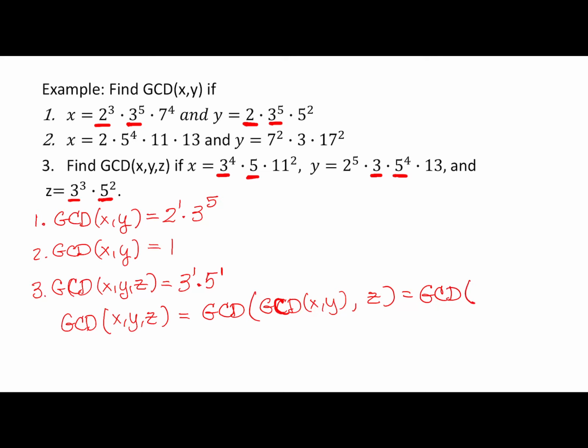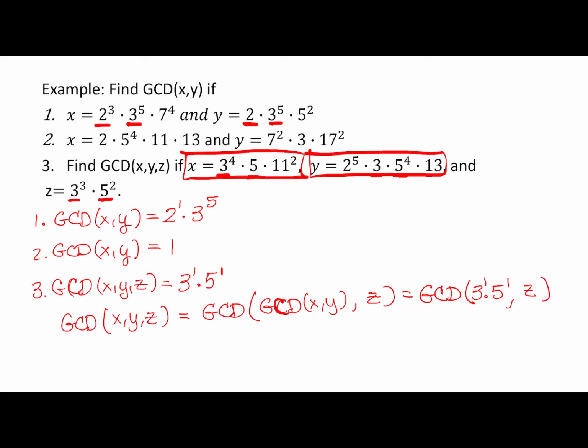In this case, I'm just looking at x and y. And here, the only primes they have in common are 3 and 5. The lowest power of 3 appearing in either factorization is 3 to the 1st, and the lowest power of 5 appearing in either factorization is 5 to the 1st. So the GCD of x and y is 3 times 5.